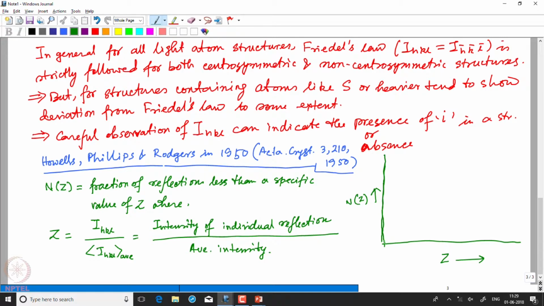So then it was shown that for a non-centrosymmetric structure, the line is more straight compared to the centrosymmetric structure which is bent.